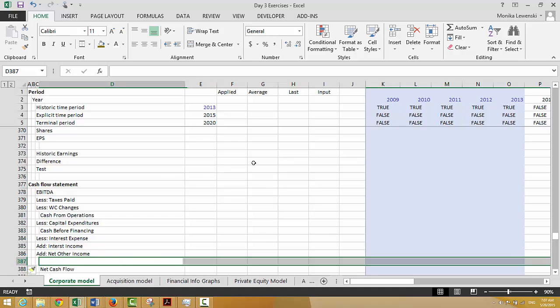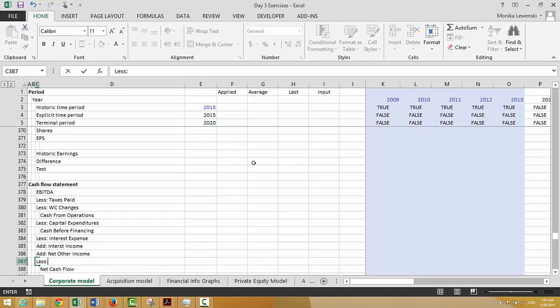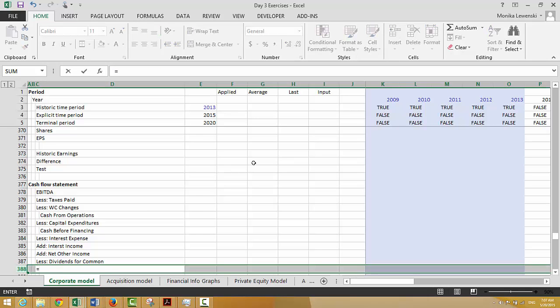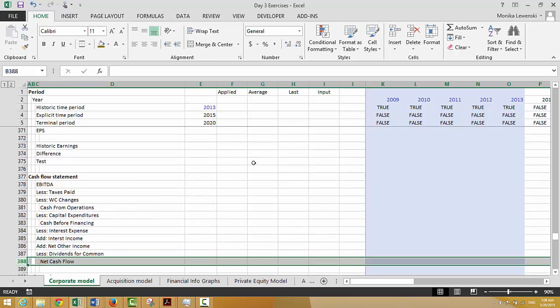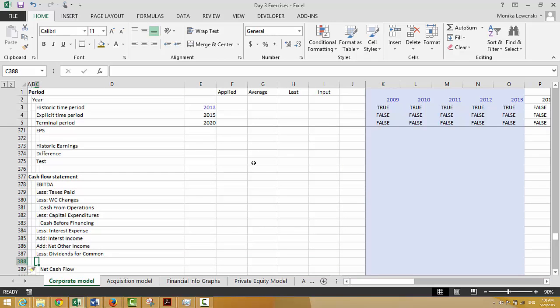Let's put some dividend payout ratio. Why don't we put on common shareholders, dividends for common, and we can also put dividends for a minority.